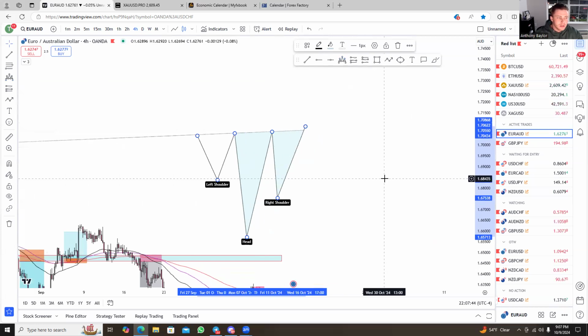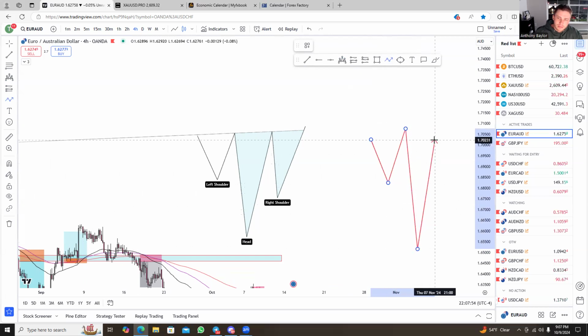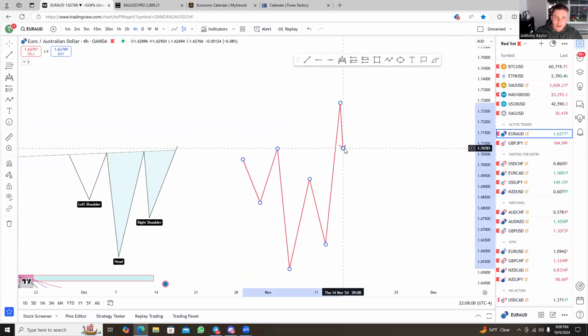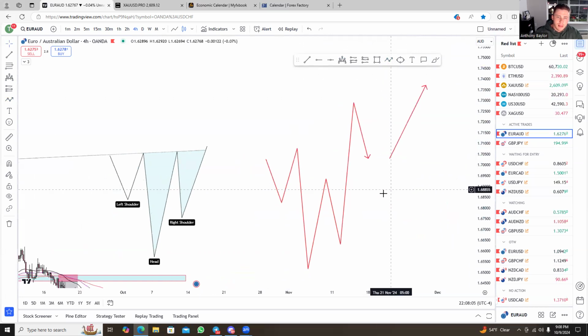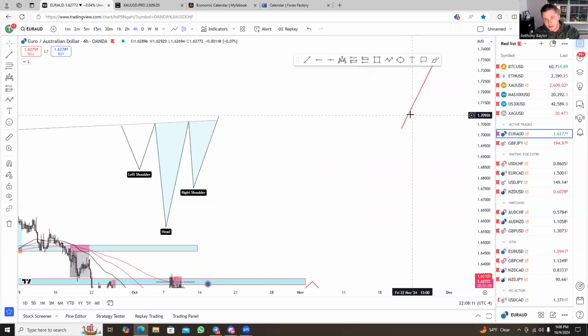So if a regular head and shoulders is a bullish to bearish trend, what do you think it means when you have an inverted head and shoulders? Bearish to bullish trend. Exact opposite. Bearish to bullish trend. Inverted head and shoulders.